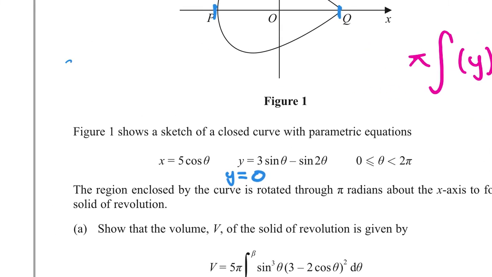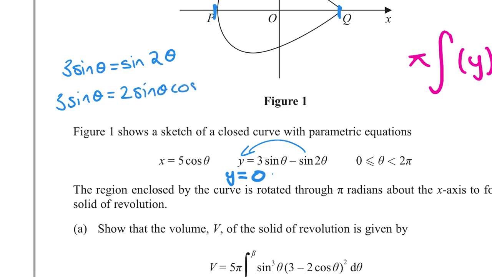So technically, that means 3 sine theta equals sine 2 theta, because y equals 3 sine theta, and I've put y equals 0 and moved this to this side. Now, what does that mean? What is sine 2 theta? It equals 2 sine theta cos theta.